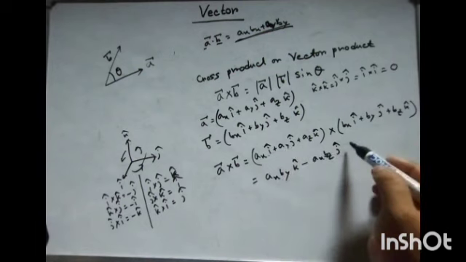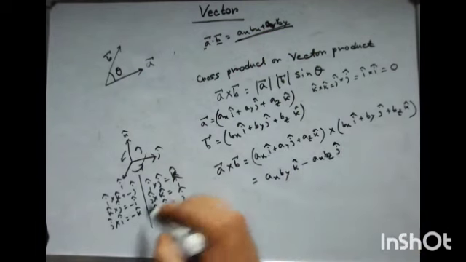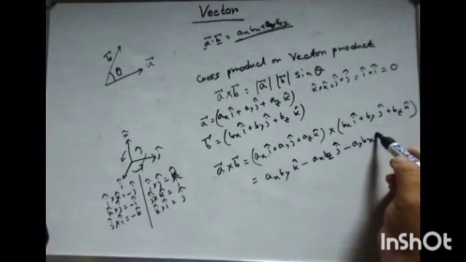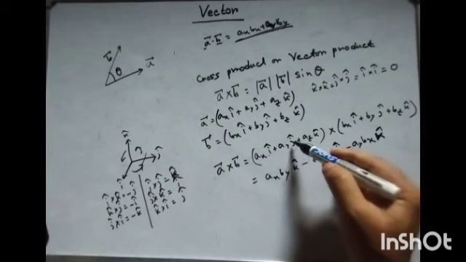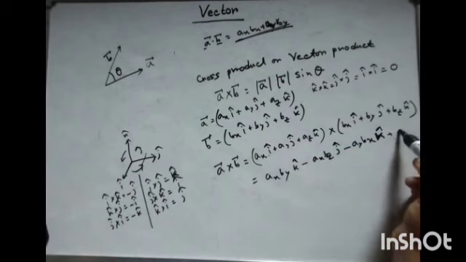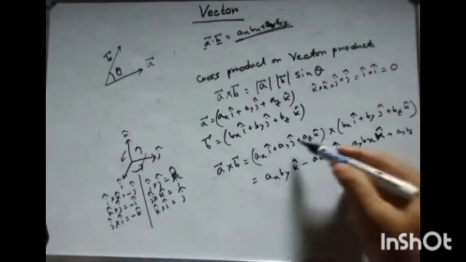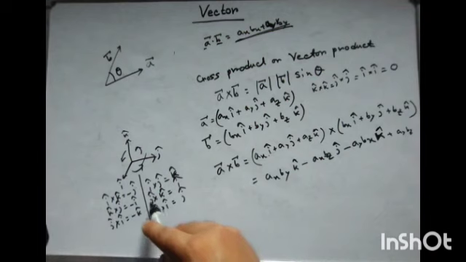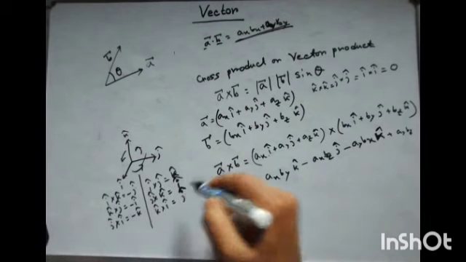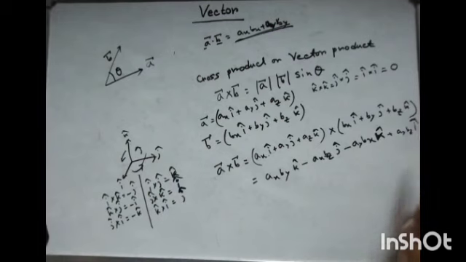Again ay bx, j cross i is minus k cap, so minus ay bx k cap, and j cross j is 0. ay bz, j cross k is i cap, so it is i cap.